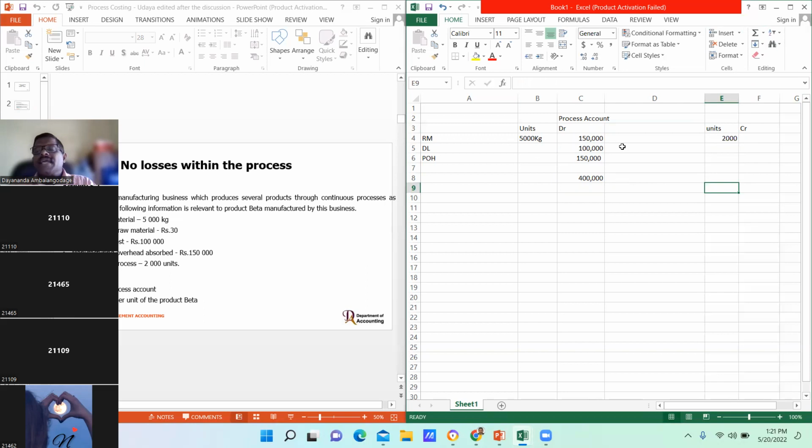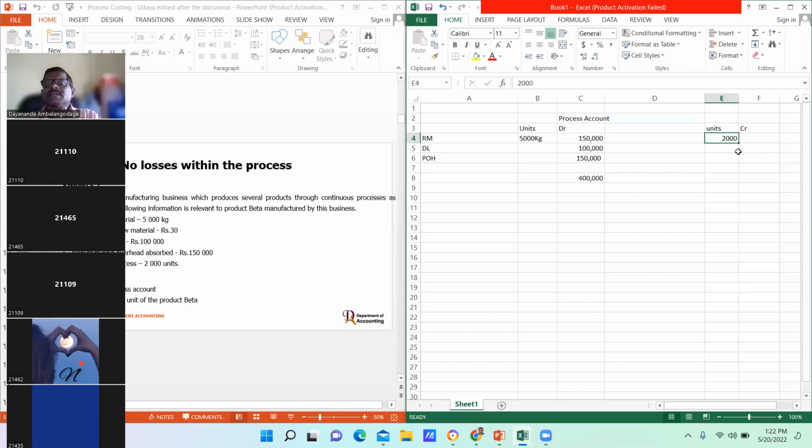So you see that this 200 units, by inserting kg 500, you get 200 units. So thereby these 2,000 units, if you take one by one, all the units are equal. What you do is you just divide the 400,000, which is incurred as your cost, by 2,000, so you get the output.